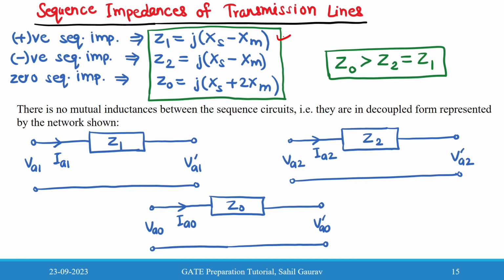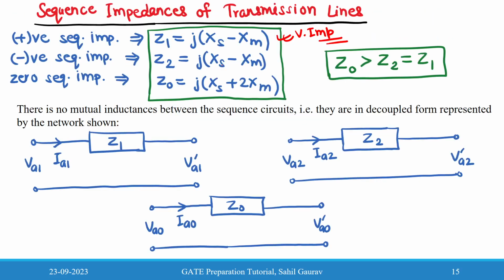So this is very important. Z1 is jXs minus Xm, Z2 is jXs minus Xm, Z0 is jXs plus 2Xm. There is no mutual coupling between the sequence circuits, so they are in decoupled form, presented by the network shown.